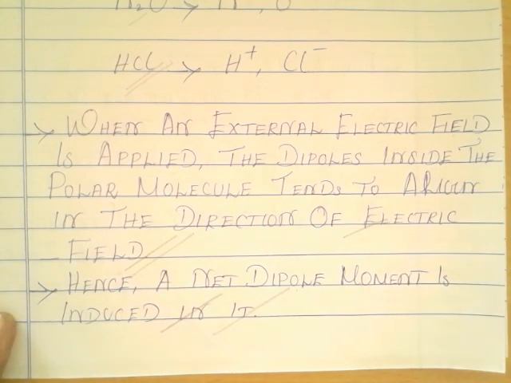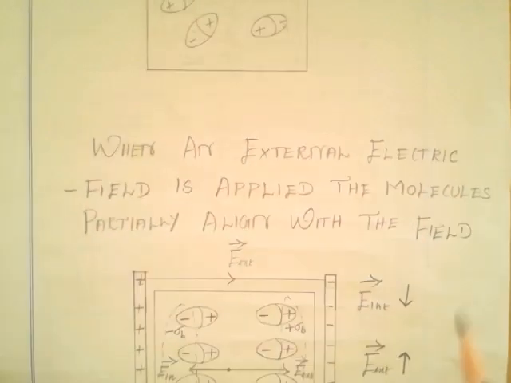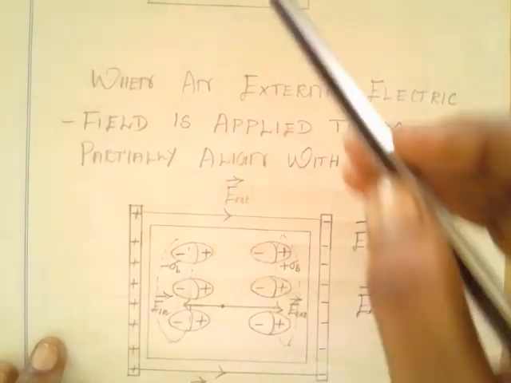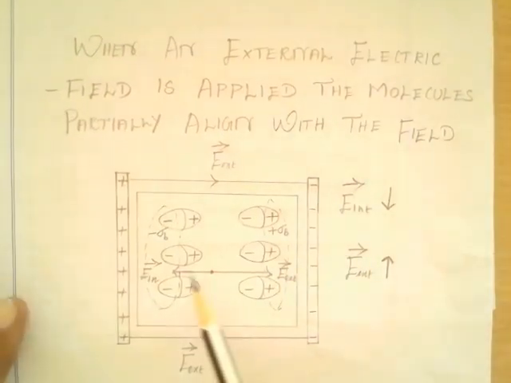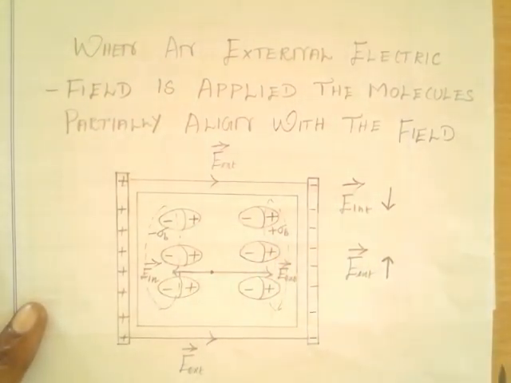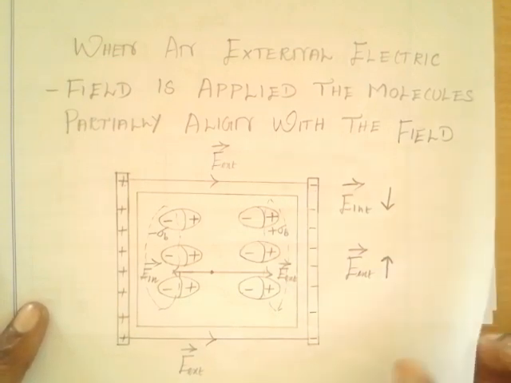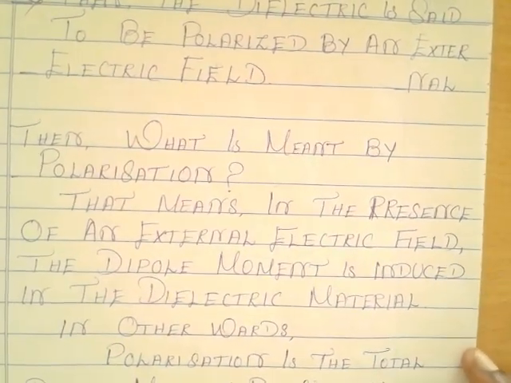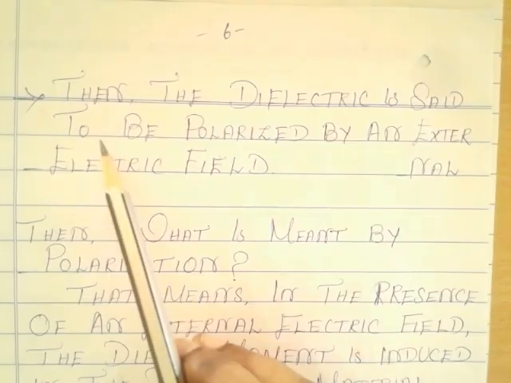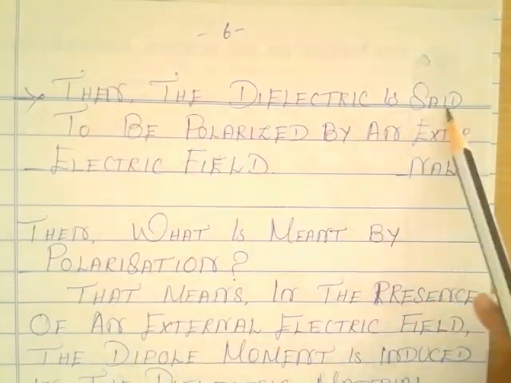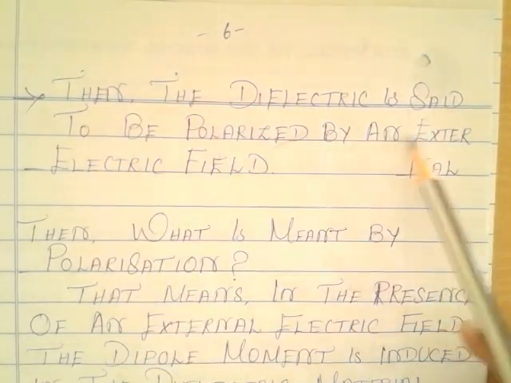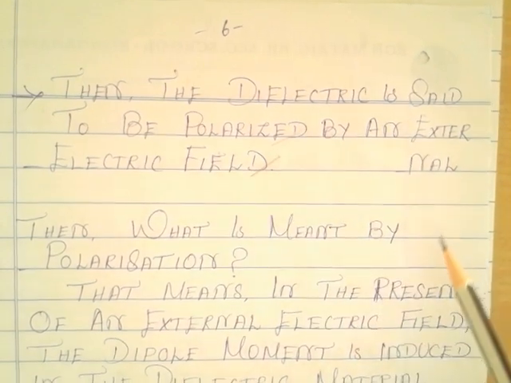When we apply an external electric field, the directions of these electric dipoles are aligned in the same direction. Then the dielectric is said to be polarized by an external electric field.